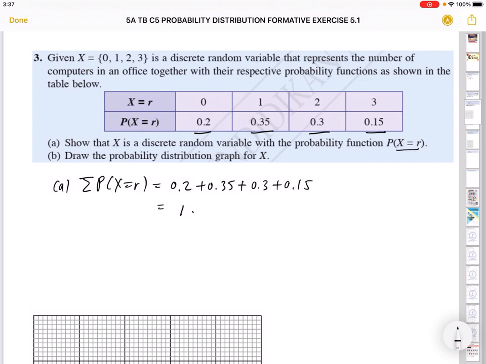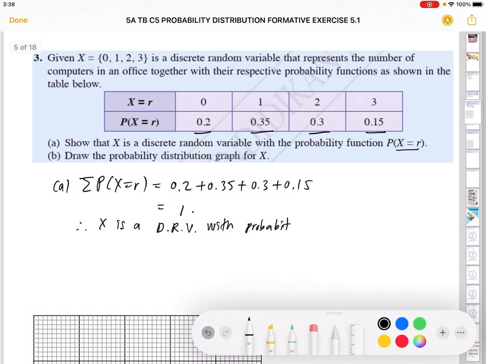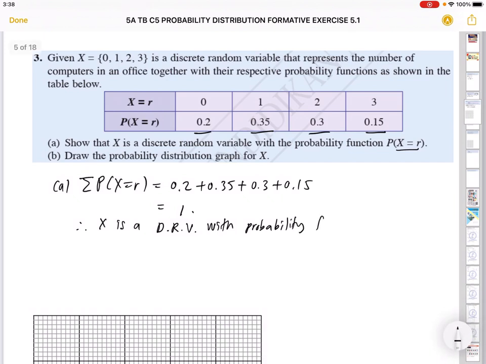Yeah, if I can show that it's true, therefore X is a, maybe I can just use short form DRV. DRV means what? Discrete random variable with probability function P(X = x). Okay, that's it for the first part.